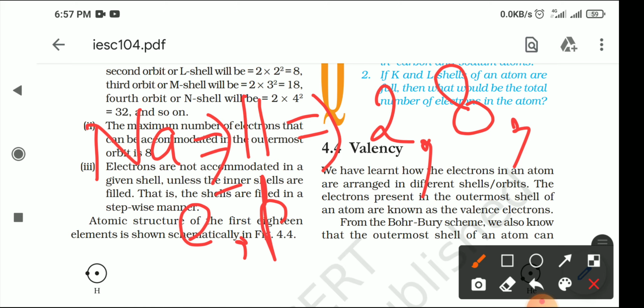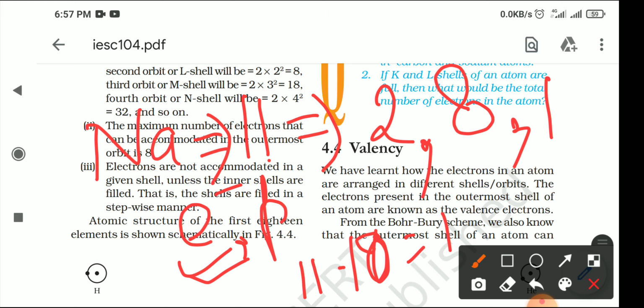If we add these two numbers, 8 plus 2, it is 10, and the number of electrons is 11. So 11 minus 10 means 1 electron is still left. This 1 electron will go to another shell. So the electronic configuration of sodium atom is 2 8 1.